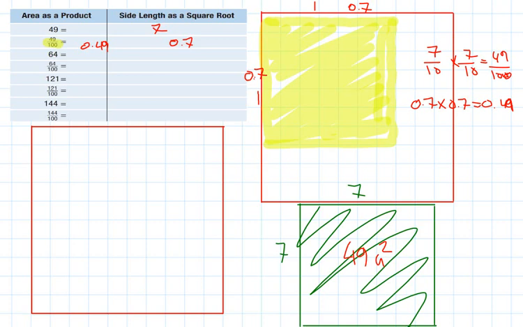Okay, so let's look at 64. Again, that's 8 by 8. So the length would be 8. So 64 should be 8 by 8 on top, and on the bottom we have 100, or 10 times 10.